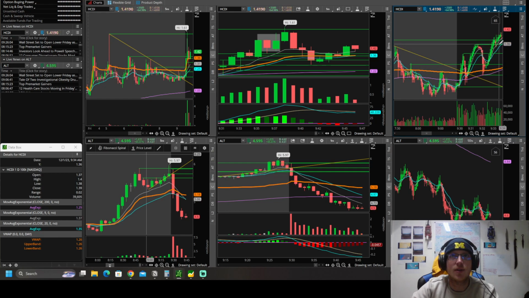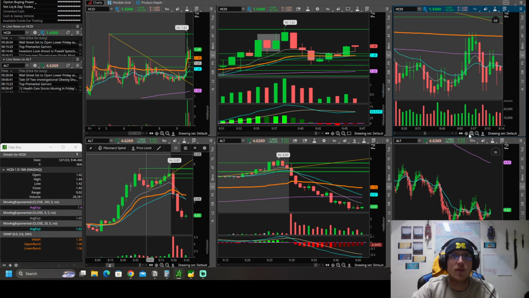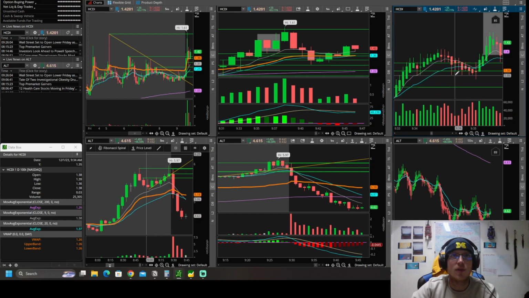Buy area, sell area, push and squeeze area, consolidation area above. Let's see if it'll make a new high. Consolidates back in this. First bounce. First bounce. Top.